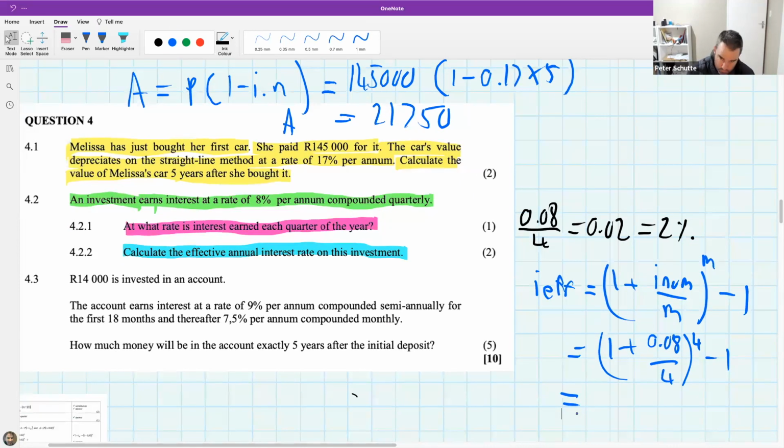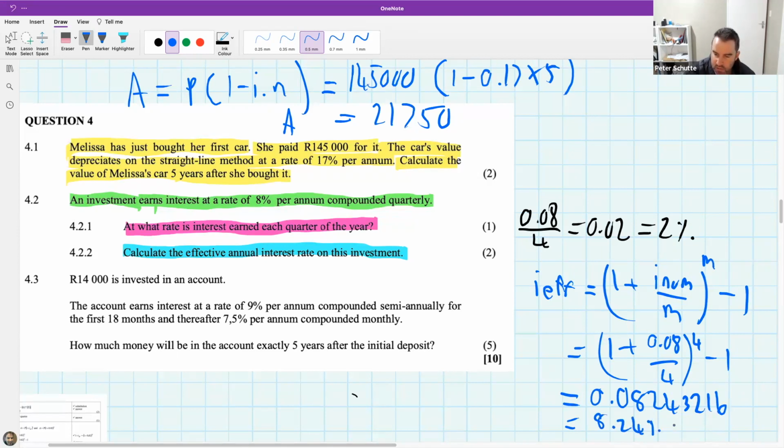We have, so 0.08243216, and in percentage, it's going to be 8.24% per annum effective interest rate.